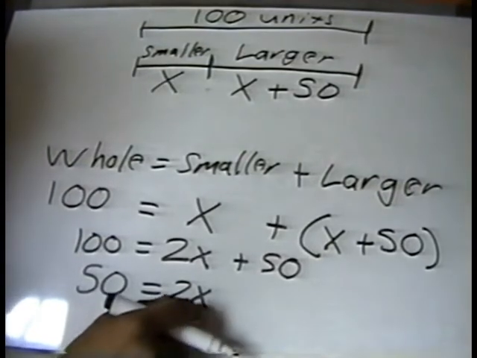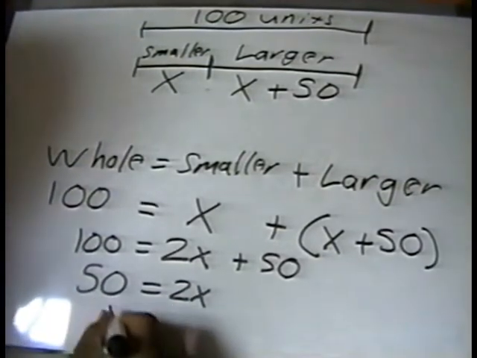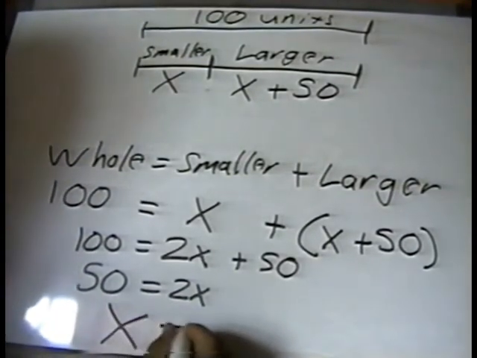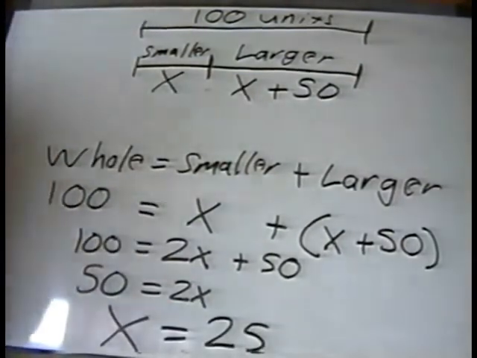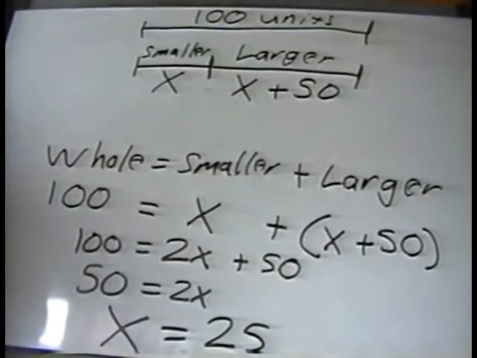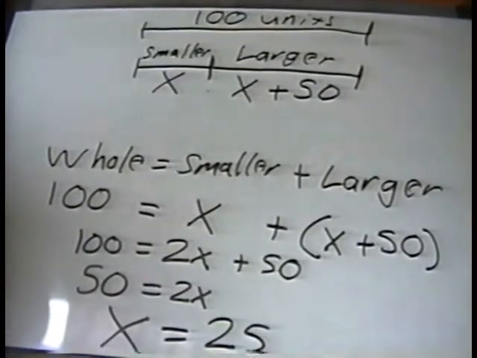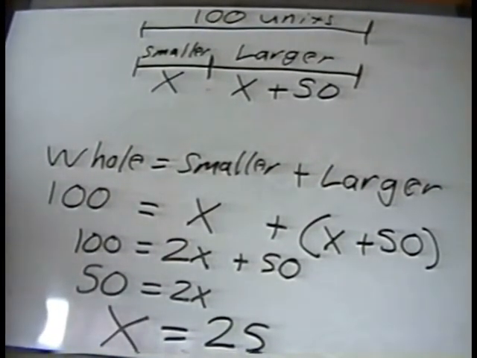Now we get 100 equals 2X plus 50. And then we subtract 50 from both sides, we get 50 equals 2X. And then we divide both sides by 2. We get X equals 25.